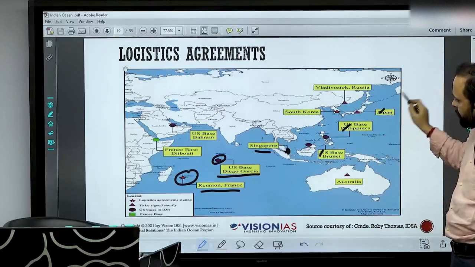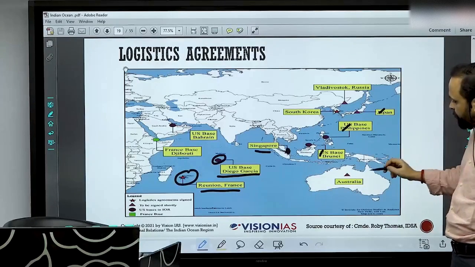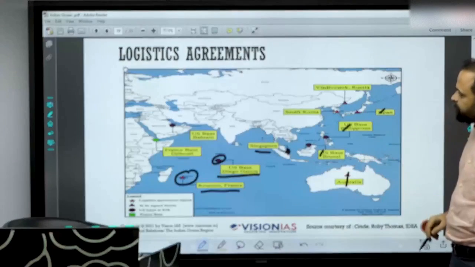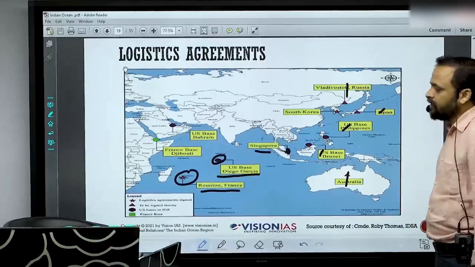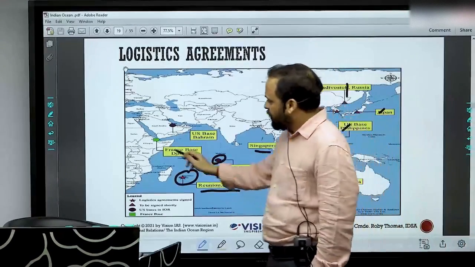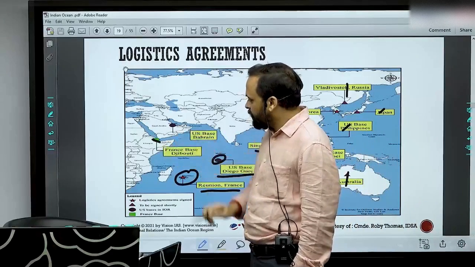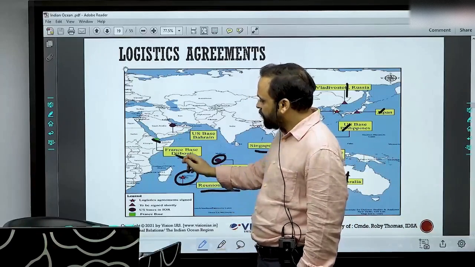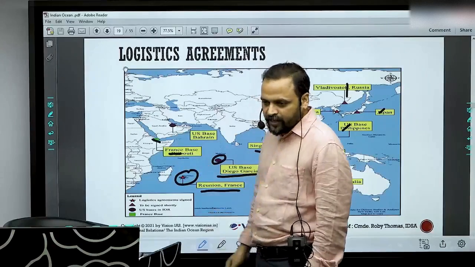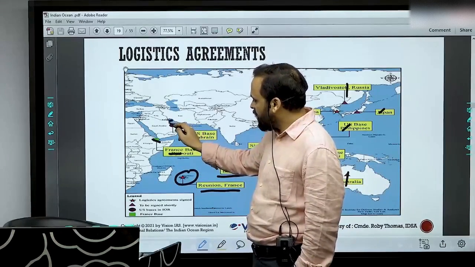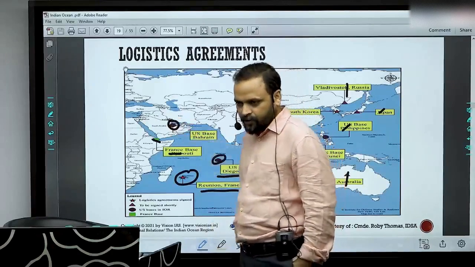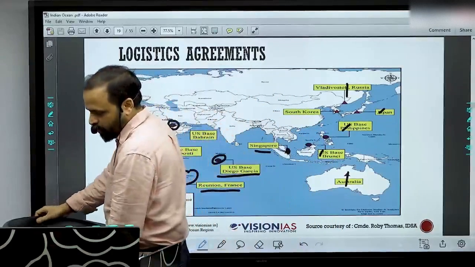In Japan, in Philippines, in Australia. We are also seeking a logistics sharing agreement with Russia, right? China has a military base in Djibouti, but France also has a military base in Djibouti. We have cooperative arrangements with France, right? US maintains a large fleet in Bahrain. US naval fleet is located in Bahrain.